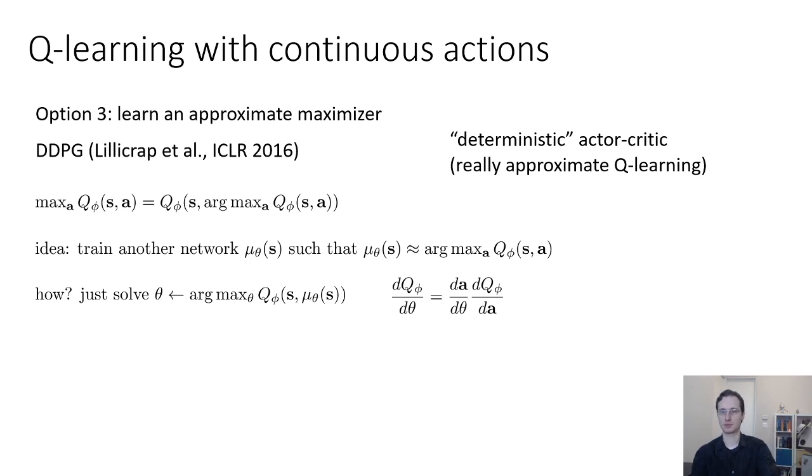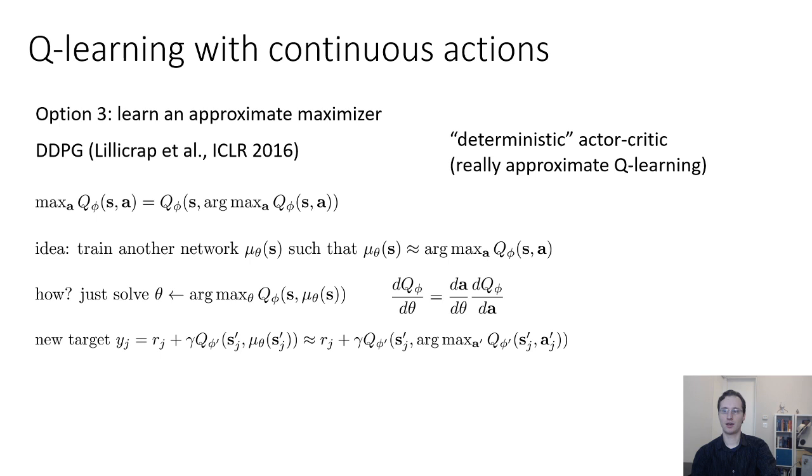So now our targets are going to be given by yj equals rj plus gamma times q phi prime evaluated at sj prime comma mu theta sj prime, which is really an approximation for the argmax as long as mu theta is a good estimate of the argmax.